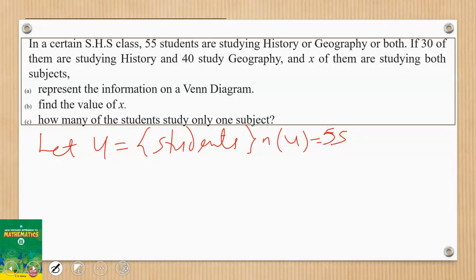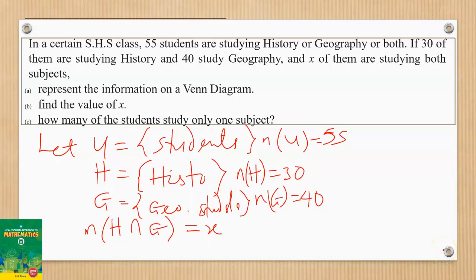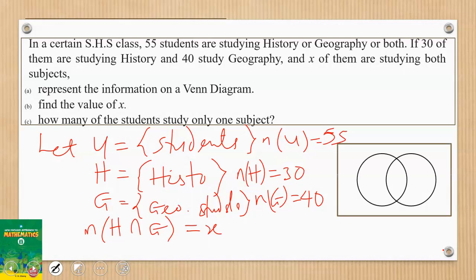You can say let H represent history students, those who took history, and that we can say the number of H is equal to 30. Do the same thing for geography: the number of G is 40, and the number of those who study both history and geography is X. Now after doing this, we draw our Venn diagram and then we represent all the information there.